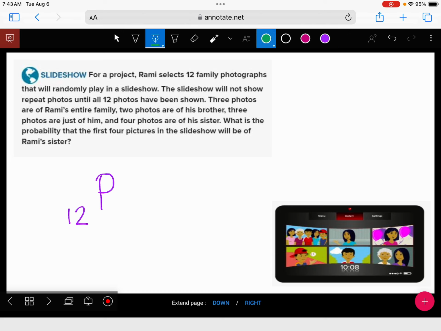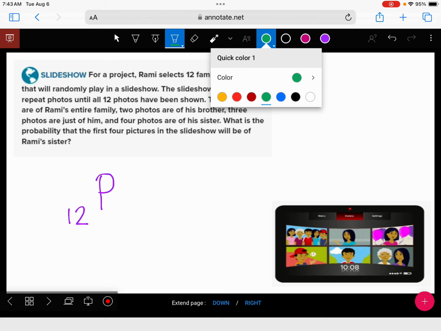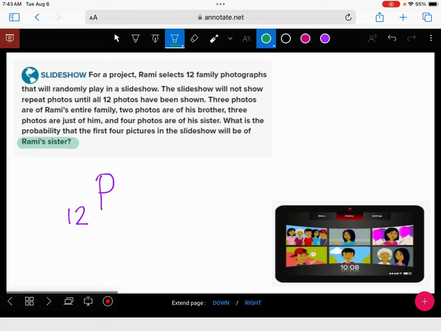And we are looking for the ones that are of his sister. How many are of his sister? 4. So we are going to choose 4 pictures. So we read this as a permutation of 12, choosing 4. So our n is 12, our r is 4.